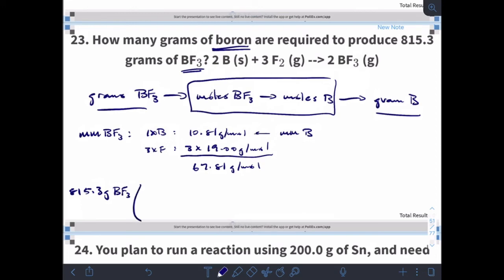I'm going to convert that to moles of boron trifluoride. So I use the molar mass. Okay, so my grams will cancel out. So if I stopped here, I would have moles of boron trifluoride. Okay, so now I want to use a mole ratio to convert to moles of boron.